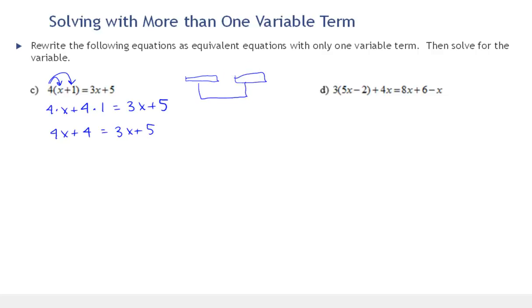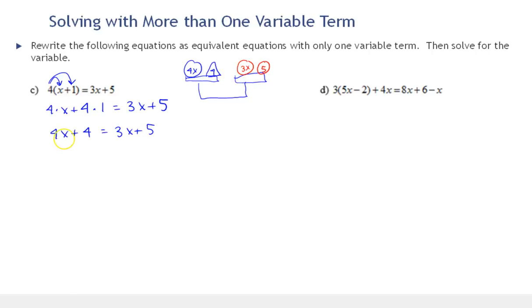Okay. And on the left-hand side, say we have 4x and 4. And on the right-hand side, I'll use different colors, we have 3x and 5. Okay. Now remember, our ultimate goal is to get one term with an x in it.